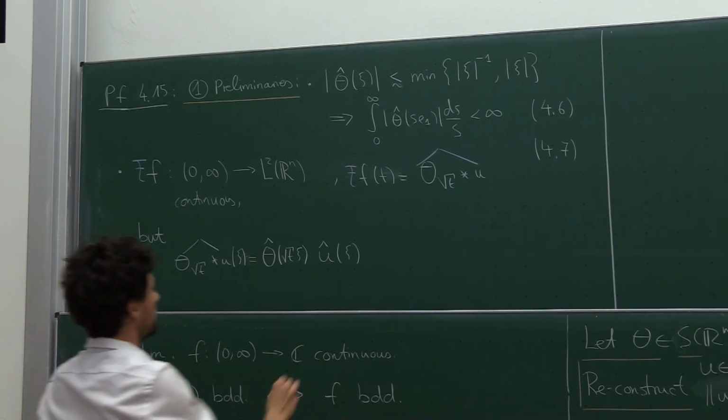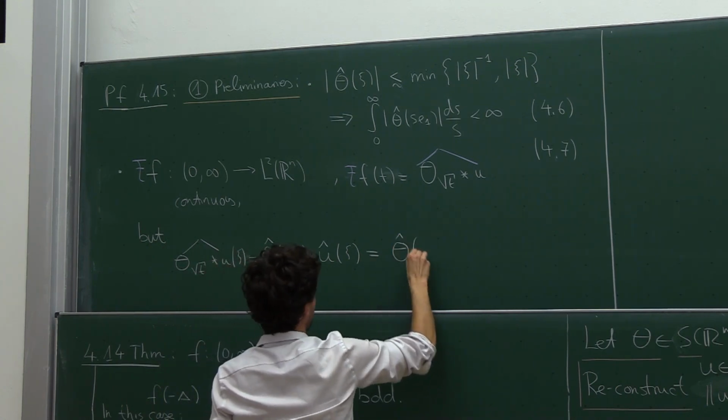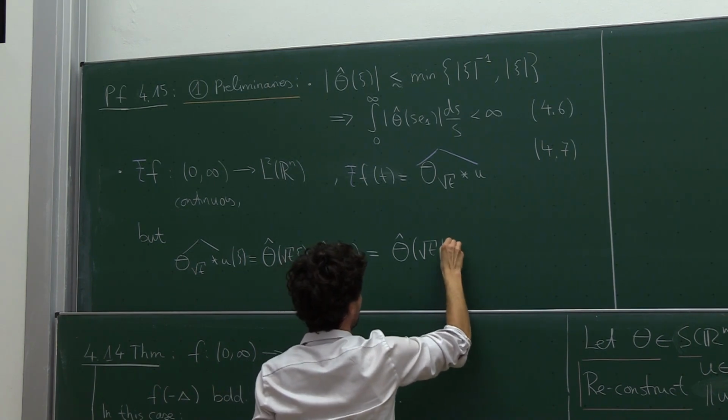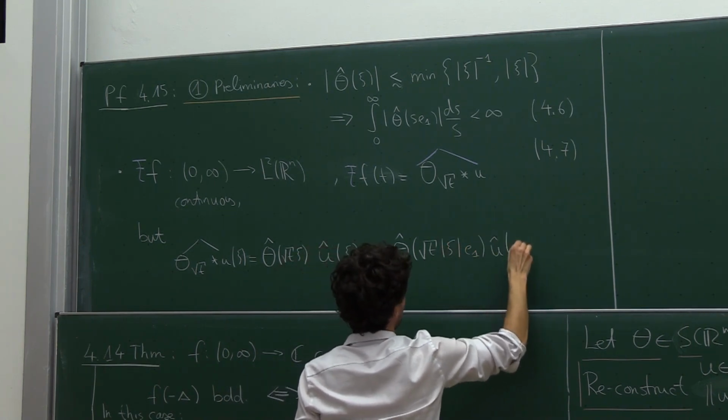Okay, and then I use the fact that the Fourier transform is radial. So this is the same as theta hat of square root of t absolute value of xi e1 times u hat of xi.